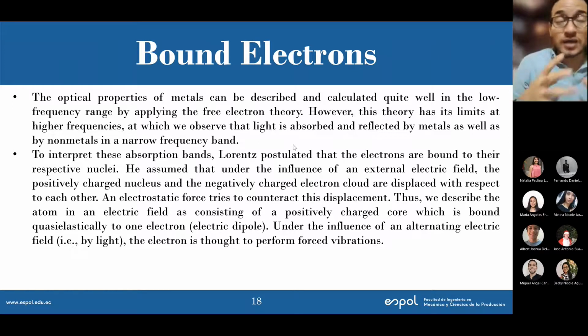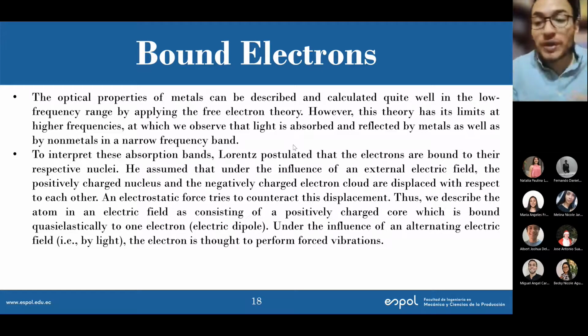So the electron can be compared to a mass that is suspended by a spring, right? The spring is the electrostatic force that is holding that positively charged nucleus and that negatively charged electron. Now, if we put an alternating electric field, so light, on that bound electron model, the electron will start to perform vibrations.